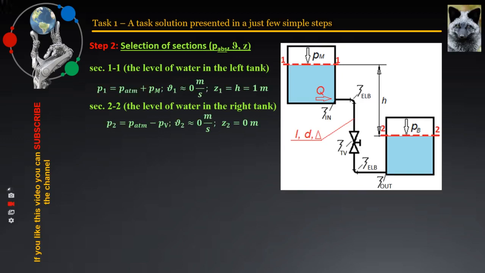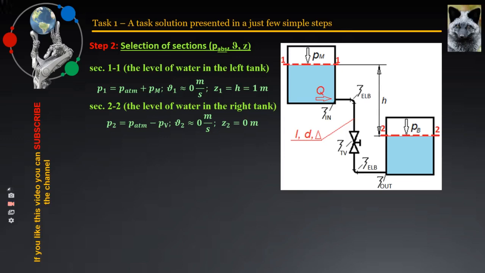For section 1.1, since the tank is closed and manometric pressure is acting, the absolute pressure will be represented as the sum of the atmospheric and the corresponding manometric pressure.